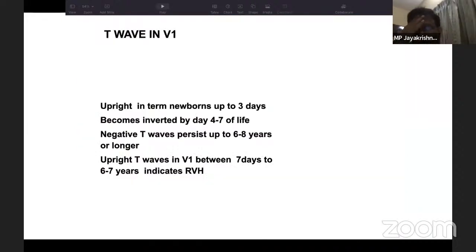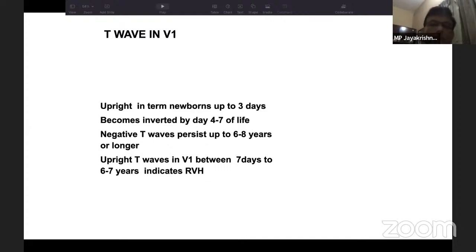So we discussed the P wave, PR interval, QRS complex, ST segment, and now comes the T wave. I told you about this already: in V1, we expect the T wave to be upright in the newborn period up to about 3 days, but then it becomes inverted between 4 and 7 days of life. After the 7th day, we expect it to be negative till about 6 to 8 years of age, or sometimes it can even persist in adulthood.